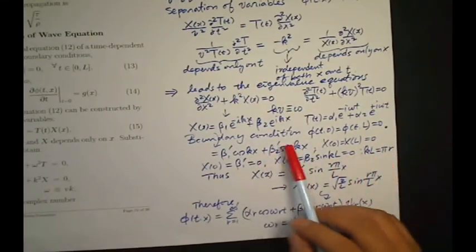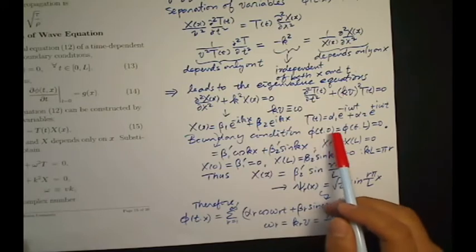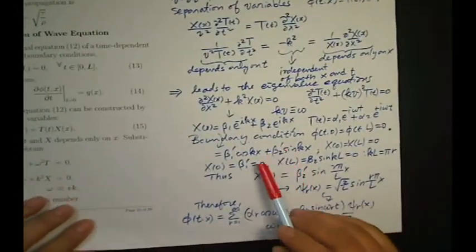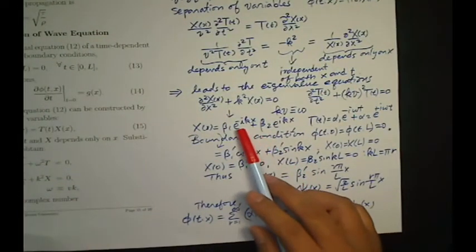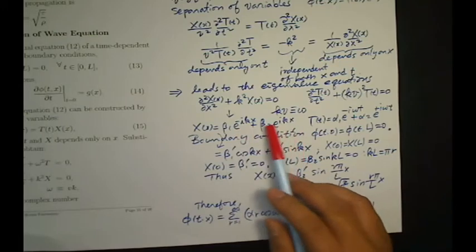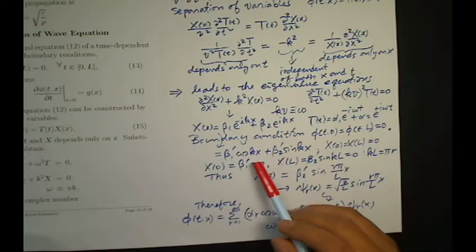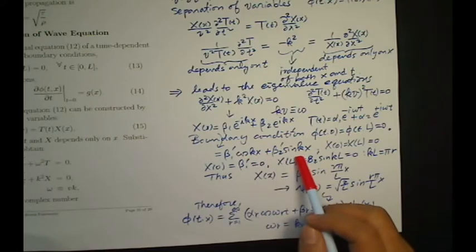The boundary condition of this problem is that the two endpoints are fixed. So we can reorganize this exponential linear combination in terms of a linear combination of cosine and sine.